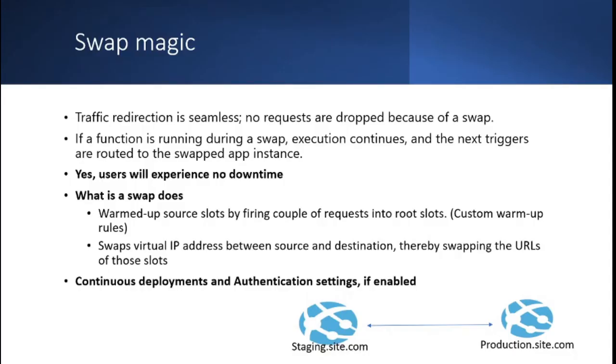I call it swap magic. Why? Because when you create a different slot, let's say you have one application and you publish it, then you might publish another version of it, fixing some bugs or adding some more features.